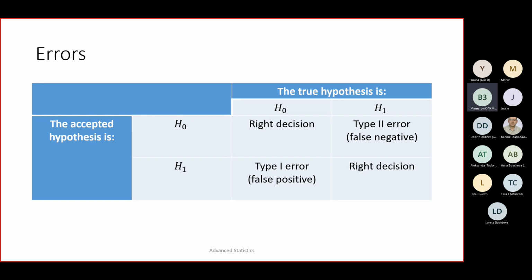Which are the variables? The test? Yes, test. And one possible decision is that there is no COVID-19, that this person is not ill. This is null hypothesis. And the opposite, alternative hypothesis, is that this person has COVID-19.